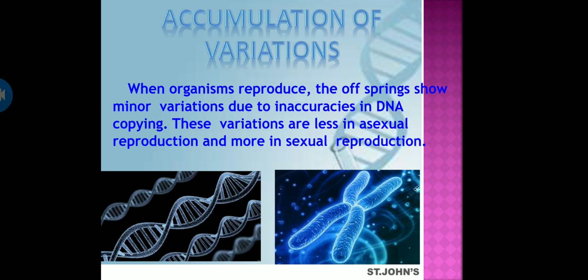Before starting this, I would like to tell you what asexual and sexual reproduction are. Asexual reproduction involves a single parent. Sexual reproduction involves two parents, that is, father and mother, or a male and a female.